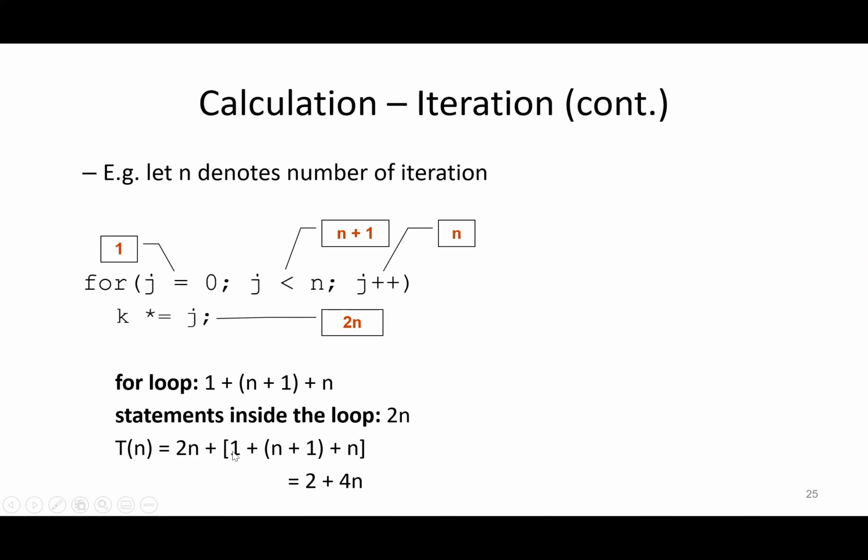It will be 2n plus 1 plus n plus 1 plus n. So total will be 2 plus 4n. If you want to know how many time steps, it just depends on n. If your n is 10, you just replace this with 10, then you know. So you come up with the time complexity for this for loop here.